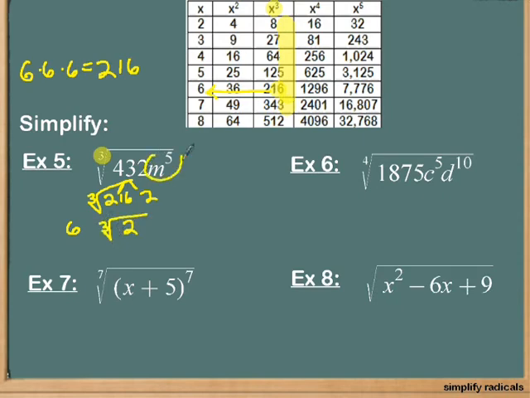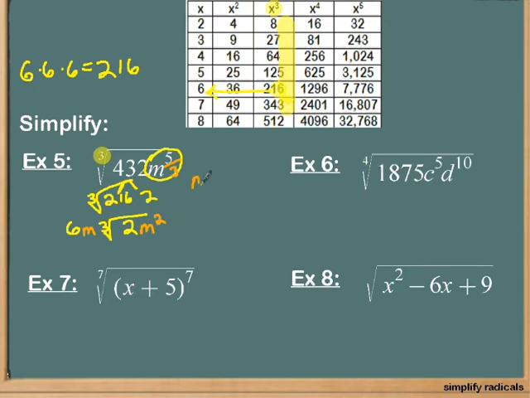And now we have to look at the m to the 5th. And again, what little trick did I just tell you? You can take that 5 and divide it by 3. And when you take 5 and divide it by 3, you come out with 1. So 1m comes out. How many are left behind? Look at your remainder. And that would be a remainder of 2.